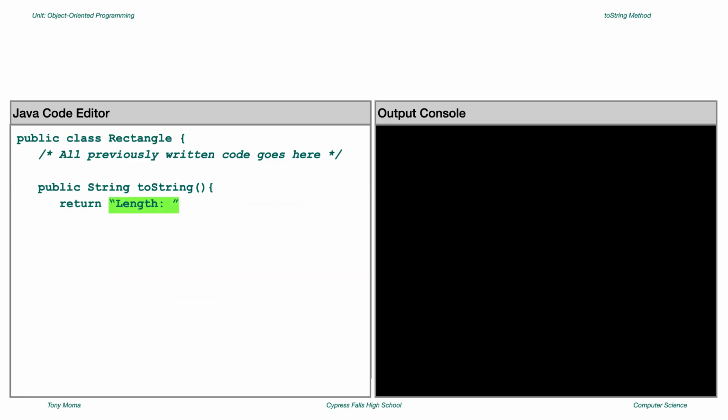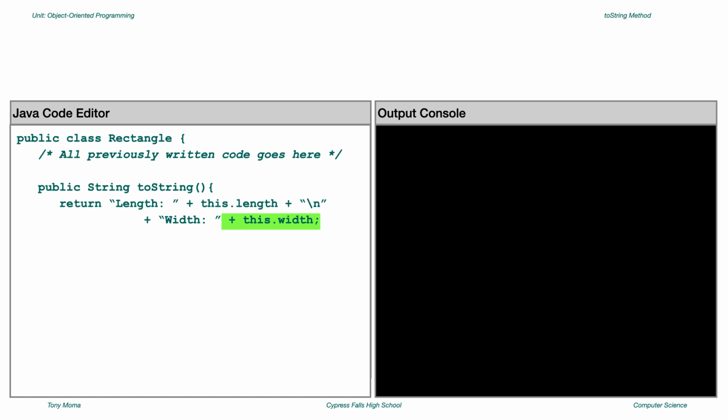Here's another way I could have done it. I could have said, hey, return the word length followed by a colon and a space, followed by the instance variable, followed by the newline character, which, if you recall, pushes the cursor down to the next line, followed by the word width and a colon and a space, followed by the instance variable width.